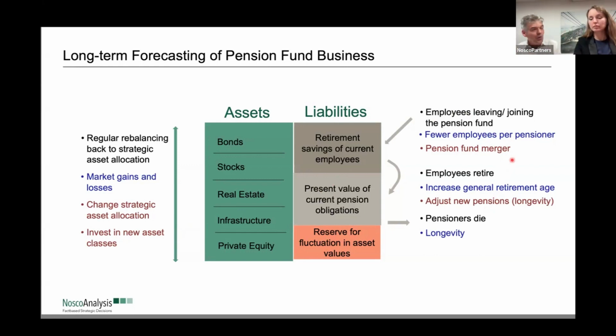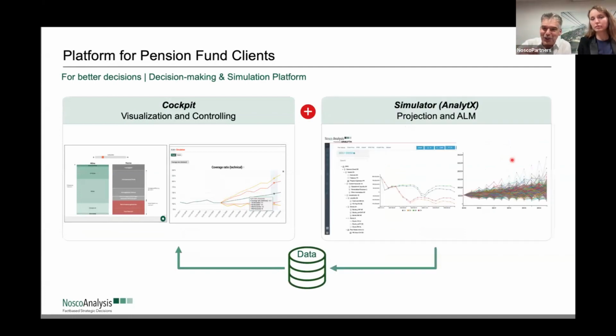Now, I think, Veronica, we go to our, oh yeah, I forgot one thing. I will show you the system in a sec, but we work with two systems. What we will show you is our cockpit. Our cockpit is what the pension manager sees. That's where all the data, historical, but also simulation, comes together, hopefully in one picture.